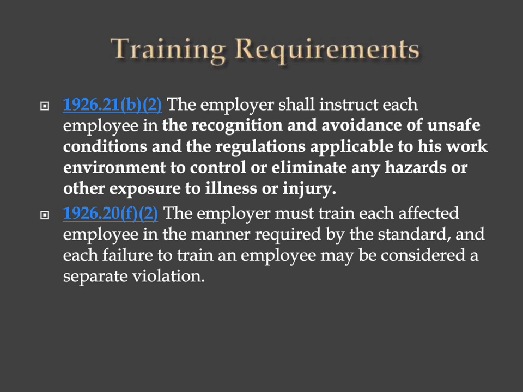Now, what is that getting at? That's getting at the fact that we just talked about before. Generic training means absolutely nothing. What means everything is that you know what you're supposed to be doing in the job that you've been assigned to do. And if you don't know that, then you don't know anything.